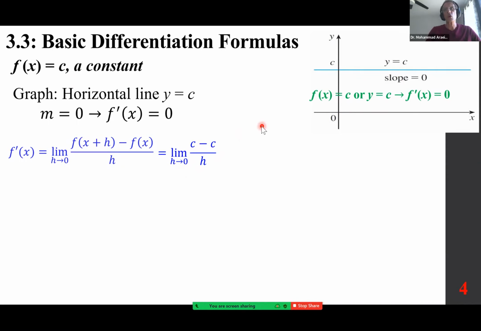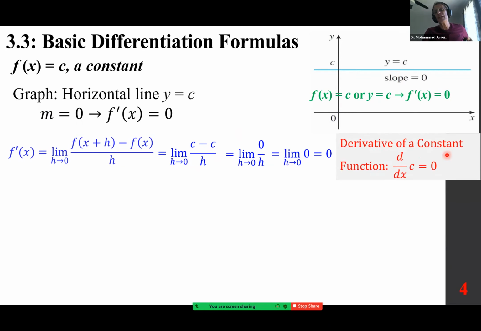Now, the numerator is always 0, and the denominator is approaching 0. Nevertheless, it is not 0. And 0 over any number, no matter how small, is 0. And that's a proof by definition. Therefore, the derivative of any constant, any number, is 0.